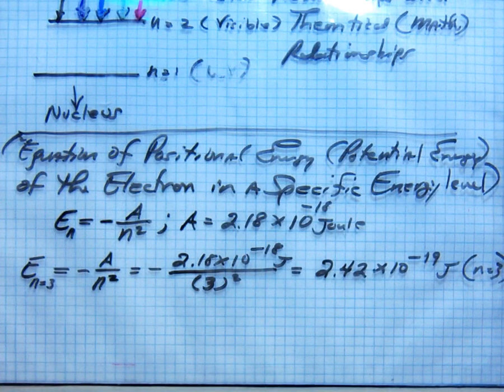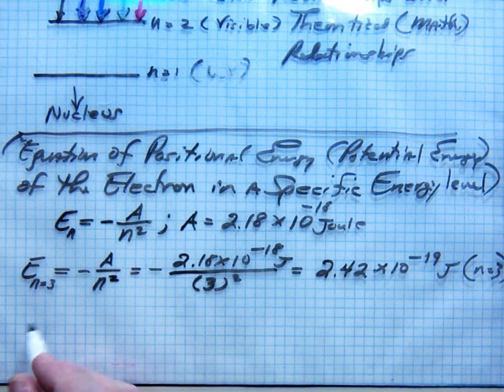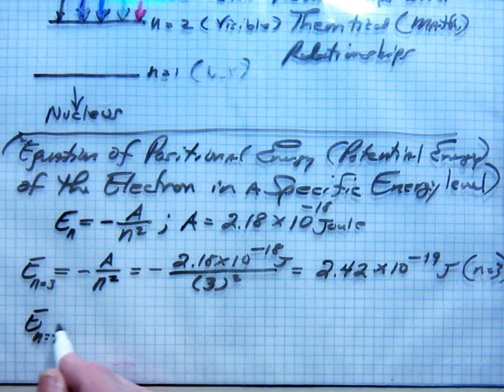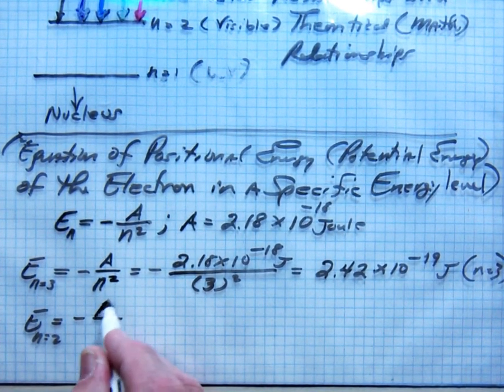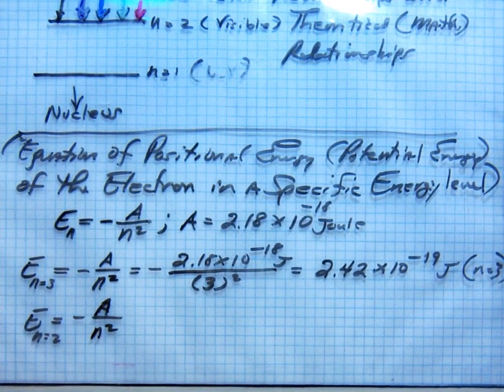How about number 2? Do the same thing for number 2. So En equals 2 is calculated in the same way. A over n squared is the derived equation that predicts the potential energy of the electron at a given level. You need to learn that, but that's an easy one.